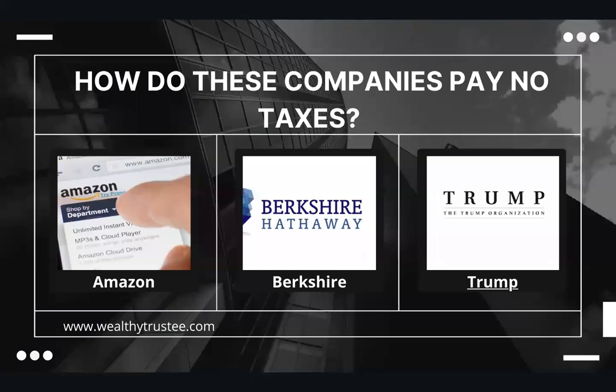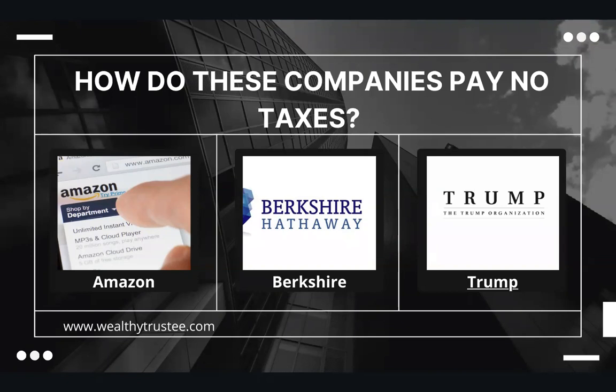So you have some companies here. These companies are billion-dollar organizations. You have Amazon, Berkshire Hathaway, and Trump. So these companies pay literally no taxes, or very little taxes, right? For example, Berkshire Hathaway is owned by Warren Buffett, and Warren Buffett publicly said that he pays less taxes than his secretary. So how is he able to do that?